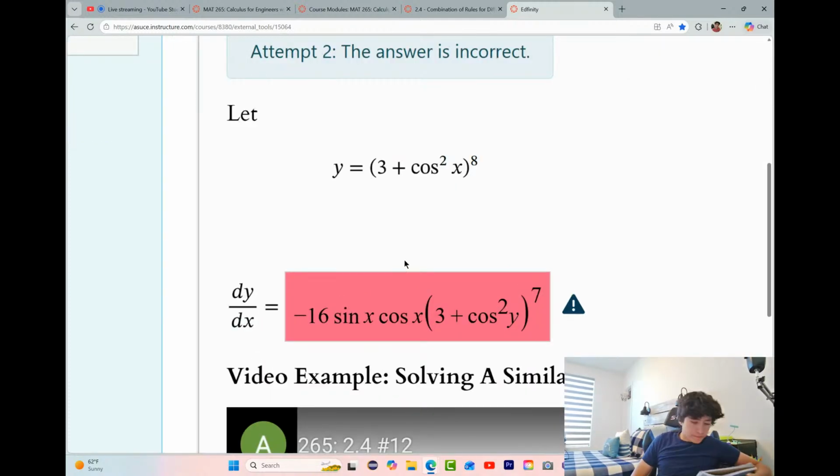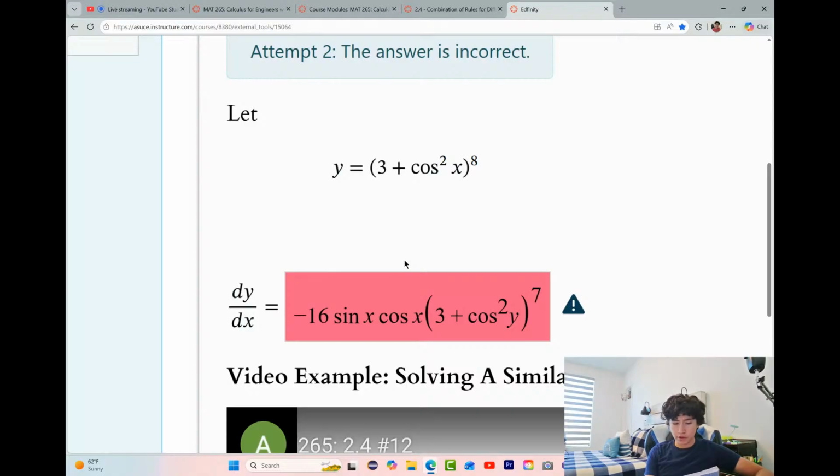Let's see. So the derivative of cosine squared of x is negative sine of x times 2 cosine of x to the power of 1. So that's negative 2 cosine of x sine of x. And the other thing we have is going to be the derivative of the entire function.